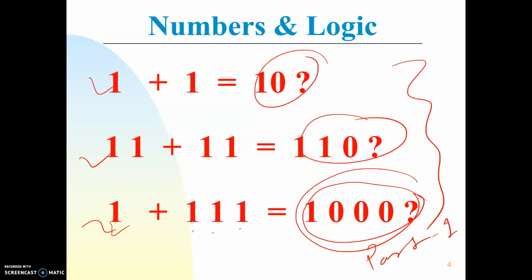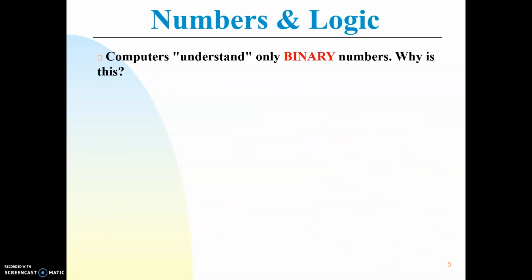Next, I will explain why the binary number system is important to understand. If you are working in computer architecture, or you want to understand embedded systems in a better way, then you need to understand the importance of the binary number system for digital devices. A computer understands only the binary number system.